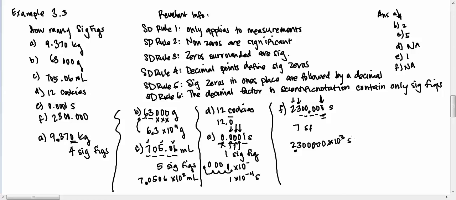Now, I told you that there's a very special reason why we would use scientific notation, and it's very helpful to us. Let me kind of do it like this. I'm going to go back to the B problem, and I have 6,300 grams. Now, I told you that there's only 2 sig figs in there, and that's absolutely true.